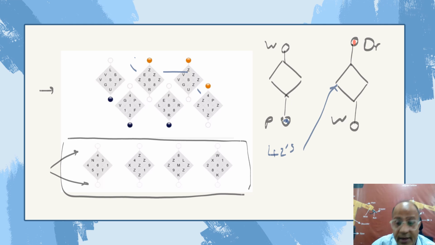Based on this, I now look at the other set of grids. This does not have a Z, this does not have a Z, this does not have a Z, and so this is something I can use.